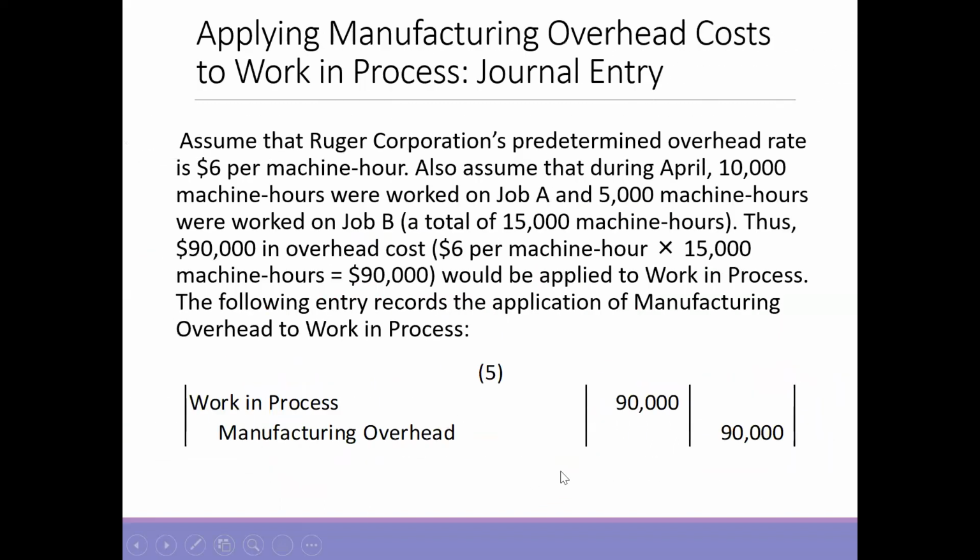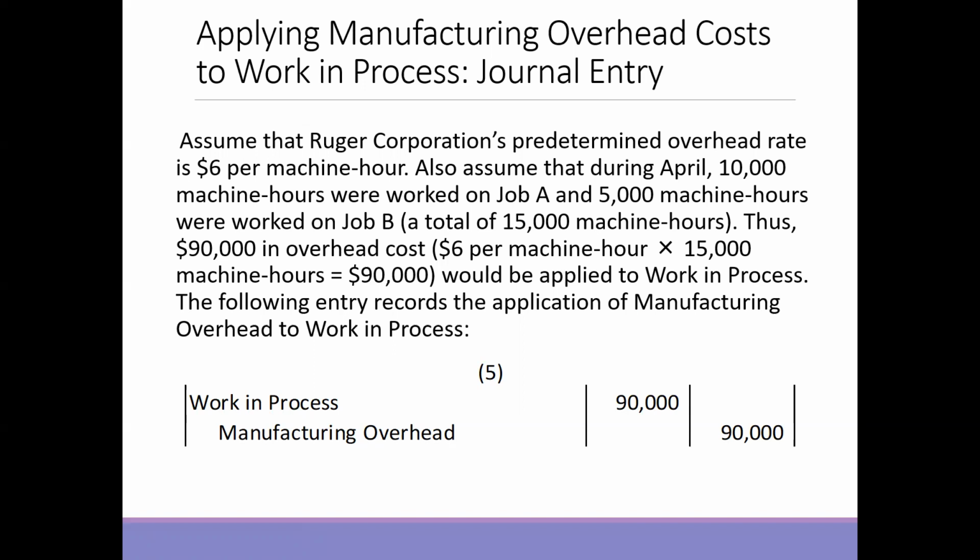Now, assume that Ruger Corporation's predetermined overhead rate is $6 per machine hour. Also assume that during April, 10,000 machine hours were worked on job A and 5,000 machine hours were worked on job B for a total of 15,000 machine hours.